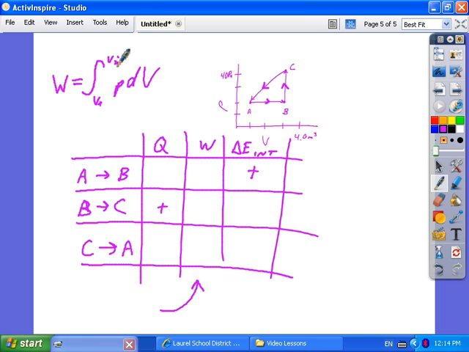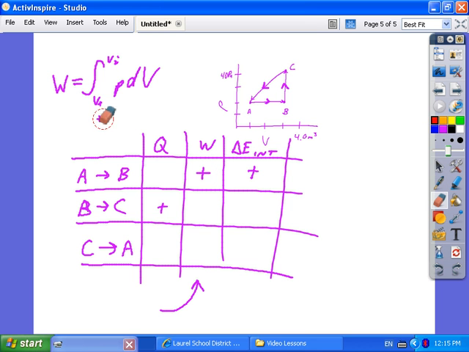So my initial volume is going to be smaller, my final volume is going to be bigger. That means VF minus VI is going to be some positive value, a larger number minus a smaller number, meaning that the work is in general going to be positive right there.